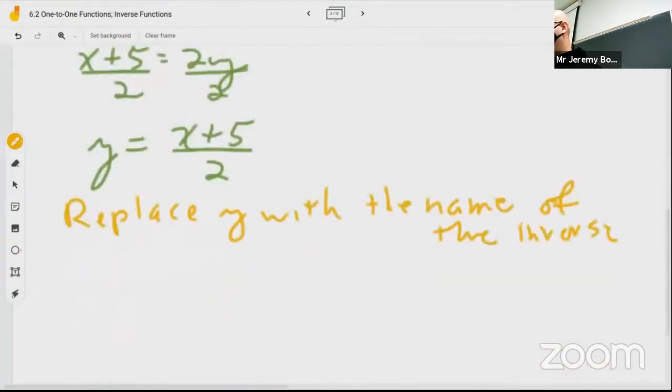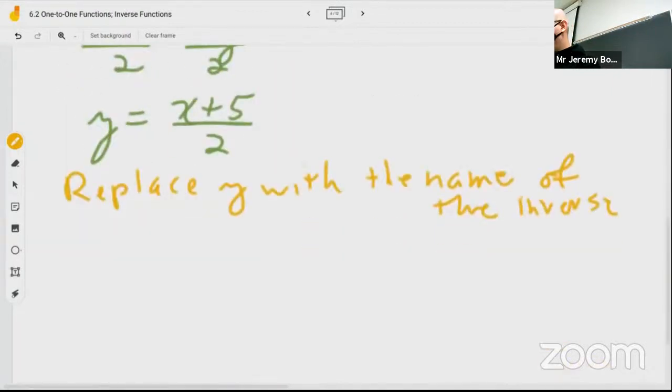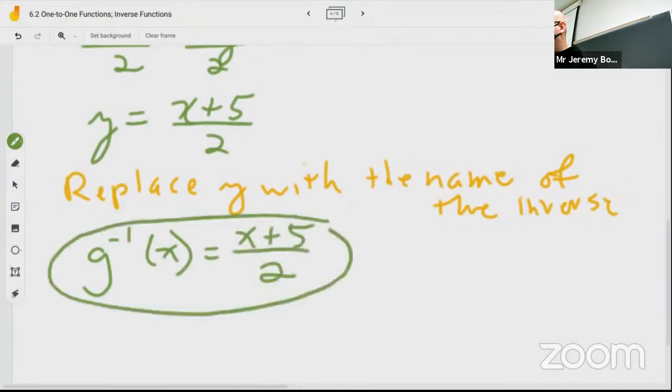G. So we're going to call this one g raised to the -1. So g inverse of x is equal to x plus 5 over 2. And that's my inverse function.